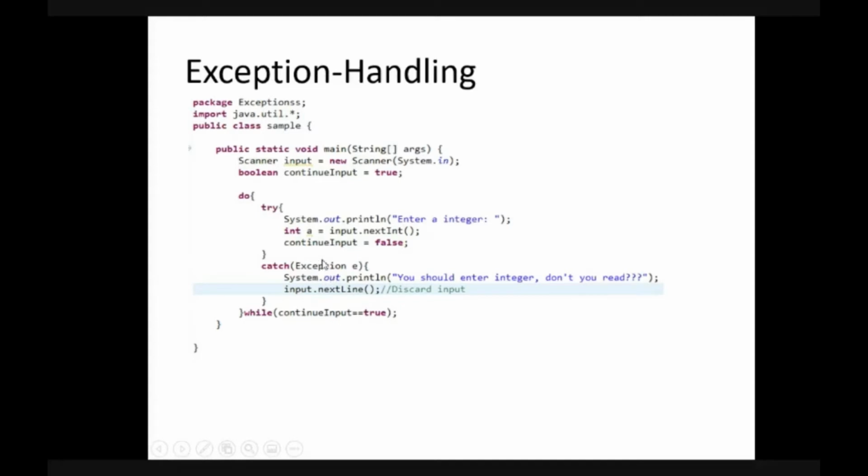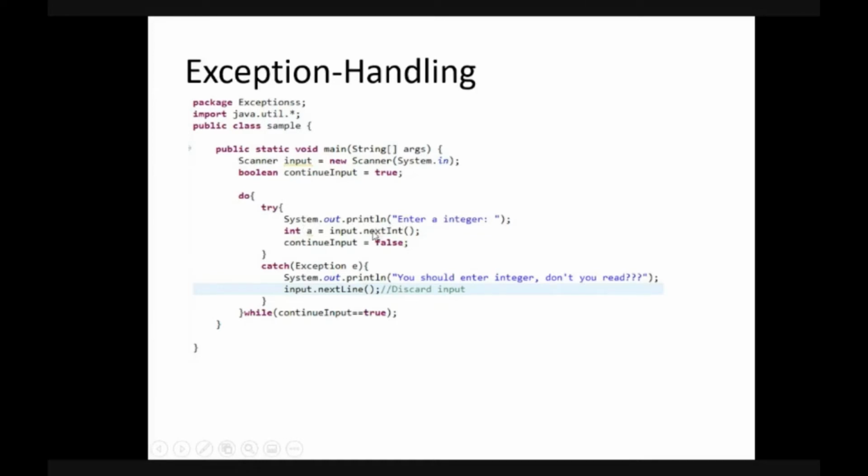I created an exception object e. This is my message: you should enter an integer. Then I say input next line. It is discarding the input you entered. So you just drop whatever you read there. Then you carry on again, start again here.